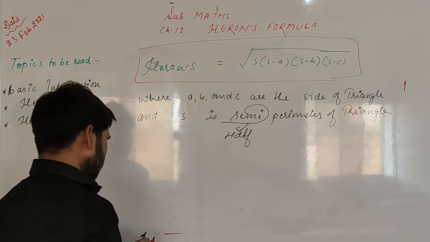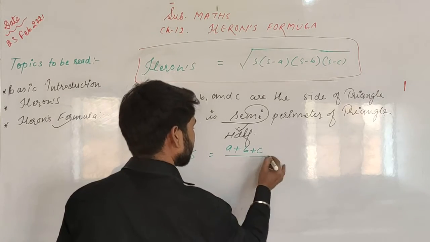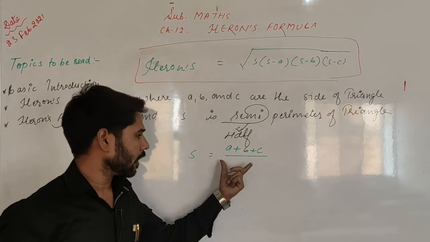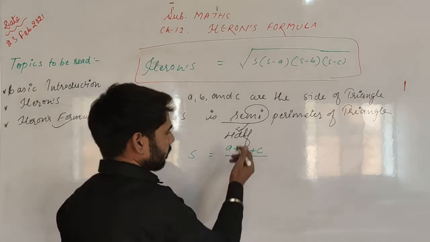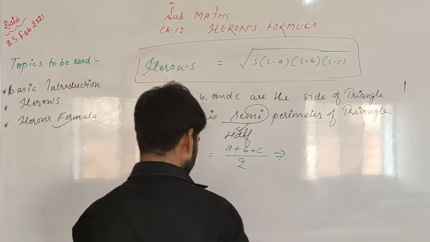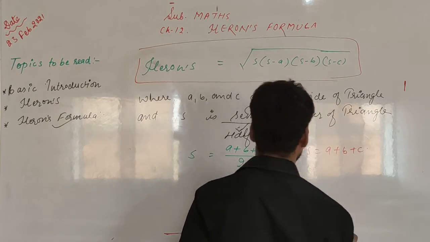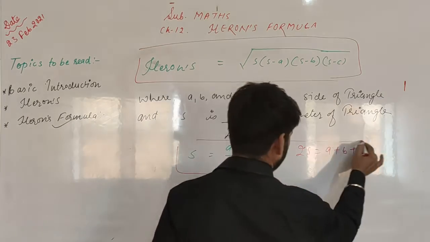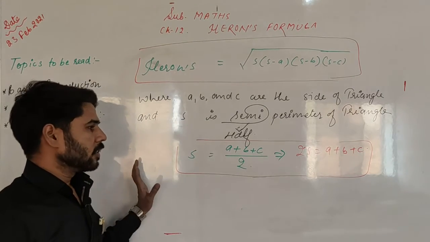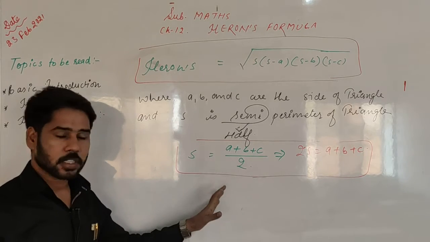So here S is equal to (A plus B plus C) divided by 2. As you know, the perimeter of a triangle is the sum of all the sides, and semi means divided by 2, so 2S equals A plus B plus C. Clear? Now we can easily find out the area of a scalene triangle by using this formula.